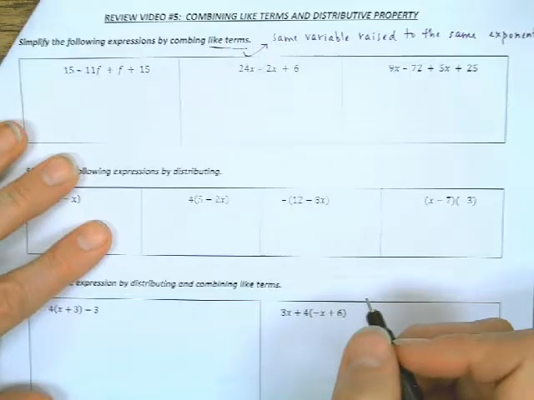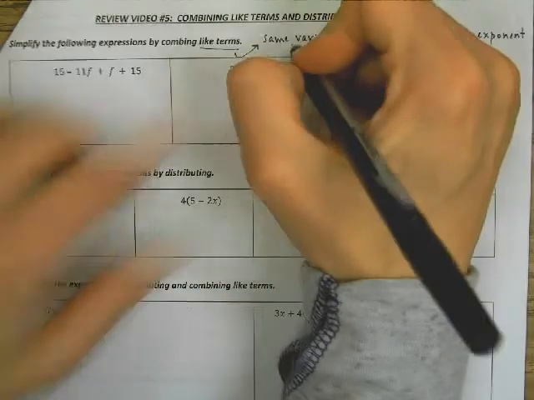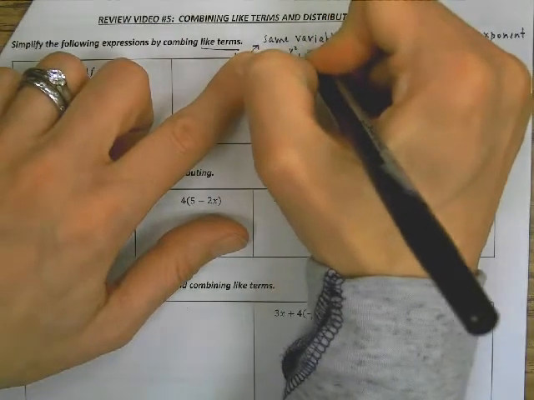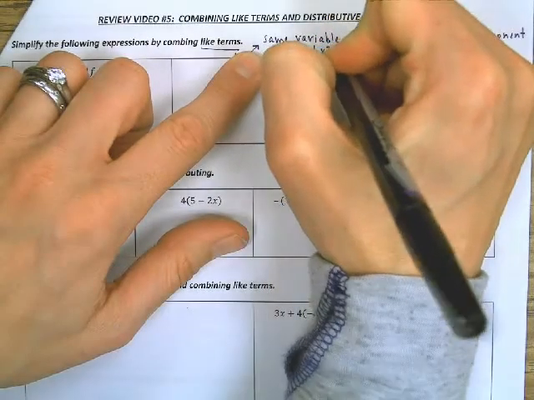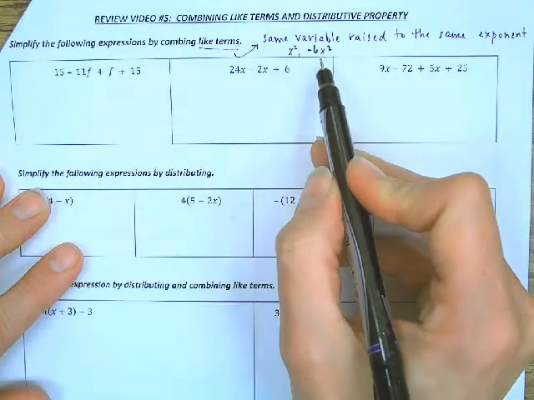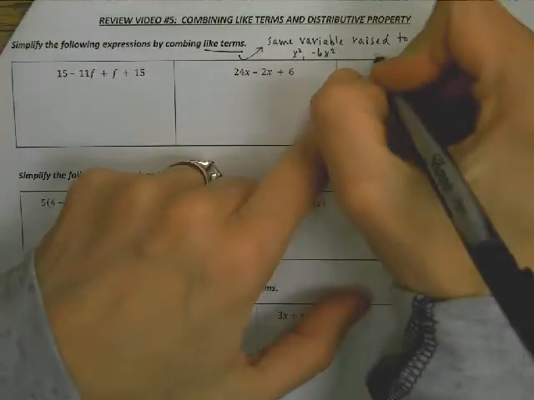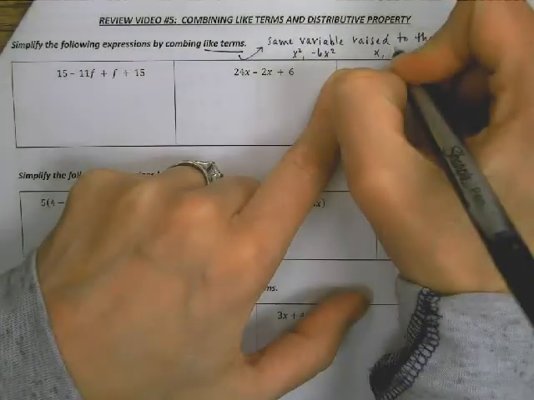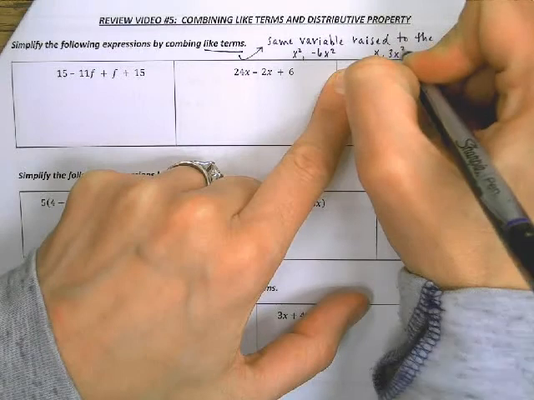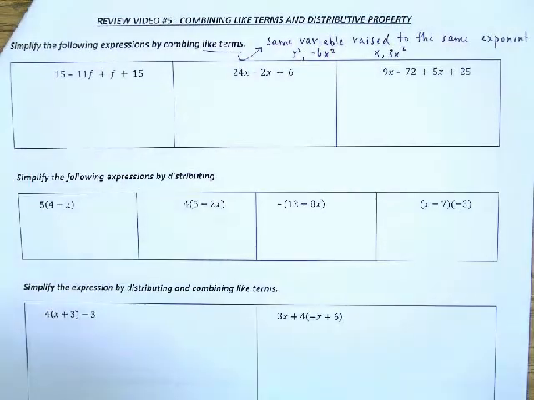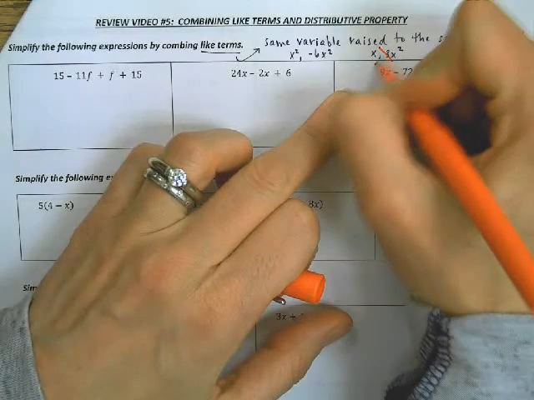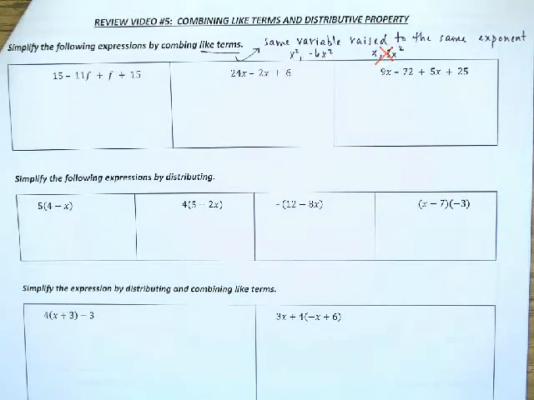So if I have x squared, for example, that could be like terms with a negative 6x squared because they both have a variable of x and the exponent is the same. On the other hand, if I looked at something like x and 3x squared, I'm going to put a red x through that. Those are not like terms because they don't have the same exponent.